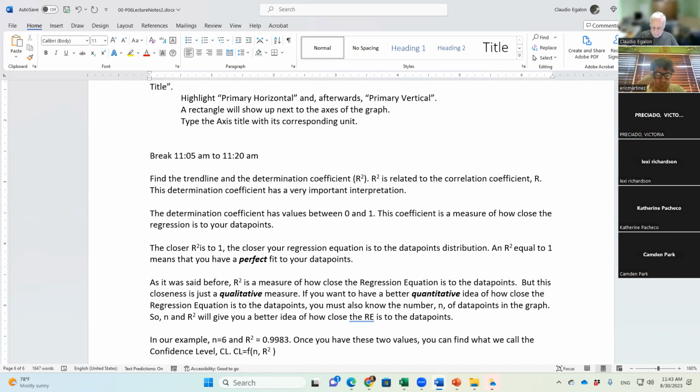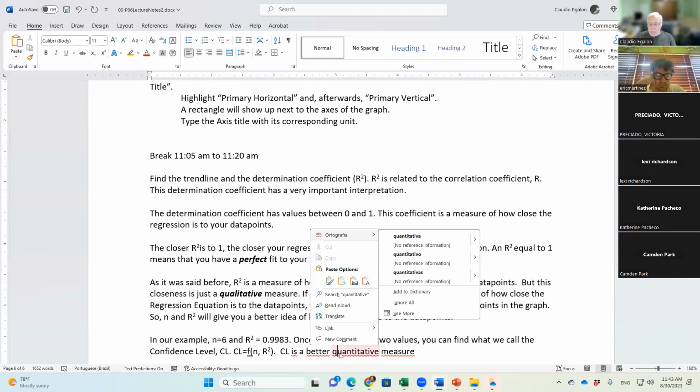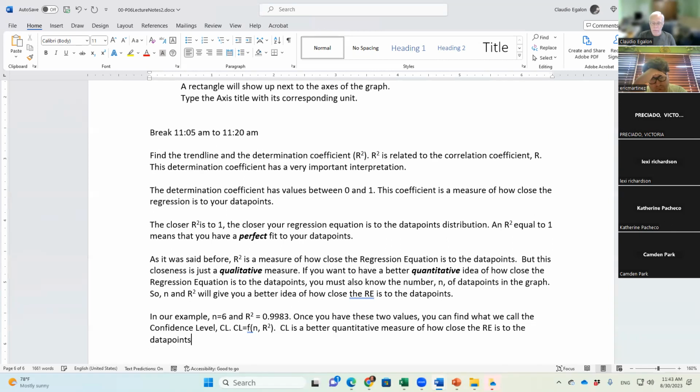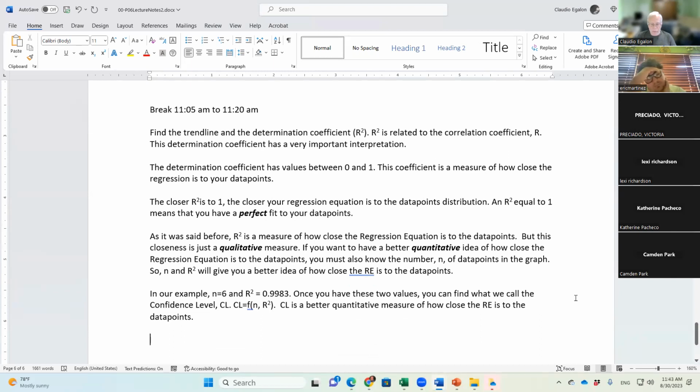Okay. CL is a better quantitative measure of how close the regression equation is to the data points. Right? And I want you to understand the difference between the regression equation and data points. Data points is real life.